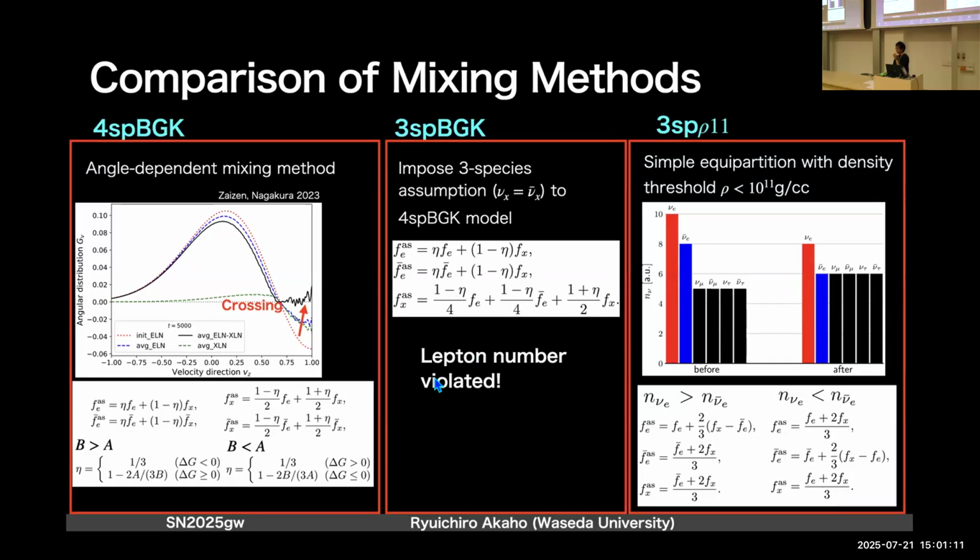No, the difference of nu x and nu x bar only comes from the conversion from electron type ones. But they convert pairwise, so I really still don't understand where your differences come from. Maybe this is very technical. Maybe we talk about that later. If you don't use opacity differences, I don't understand where your difference in the nu x and nu x bar comes from. Okay. Yeah, maybe we'll talk about that later.